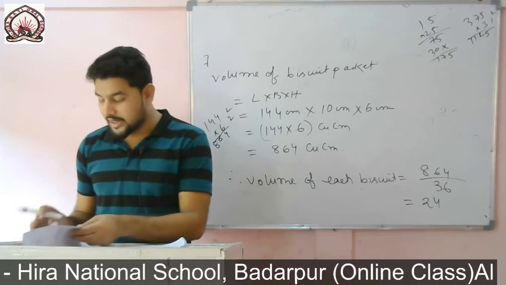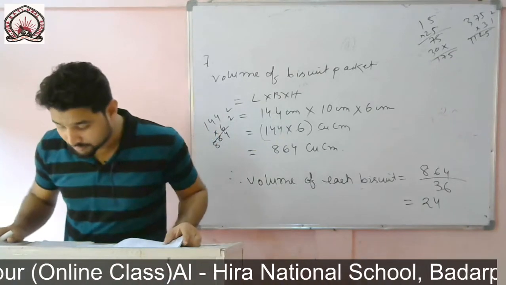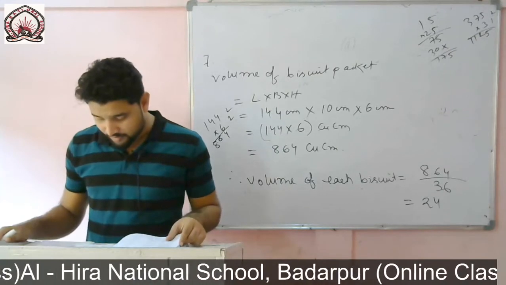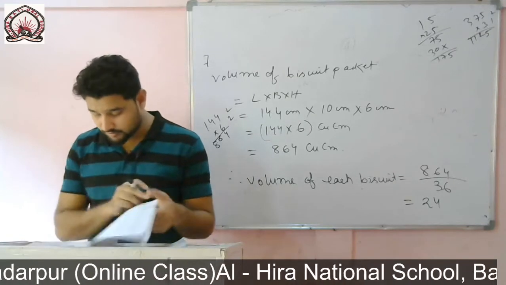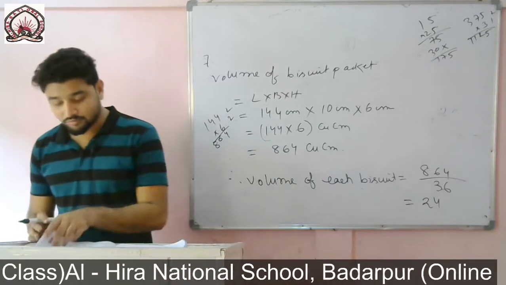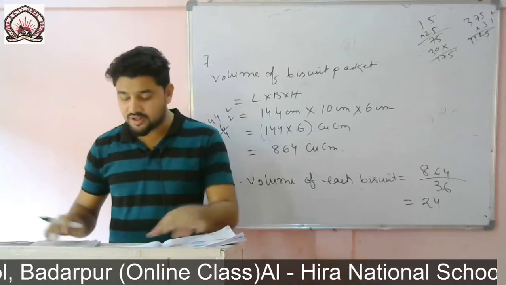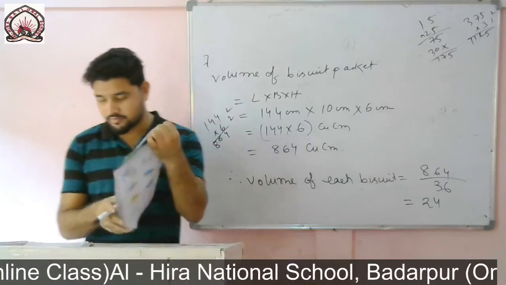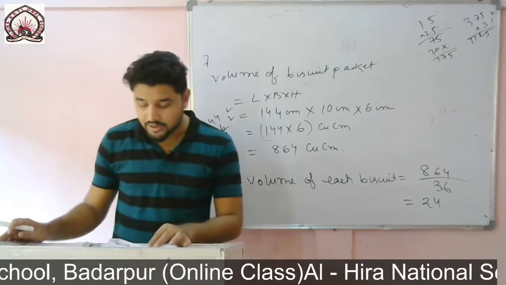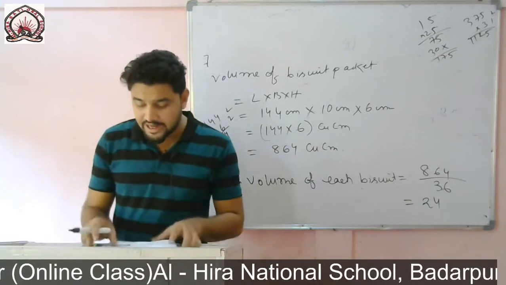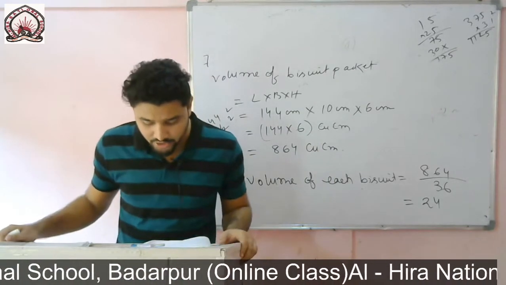Now come to question number 8. How many bricks of length 18 centimeter, breadth 10 centimeter and height 8 centimeter will be needed to build a wall of length 12 meter, thickness 8 centimeter and height 2.4 meter?